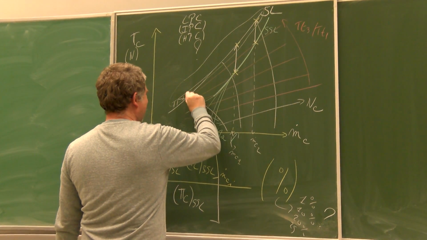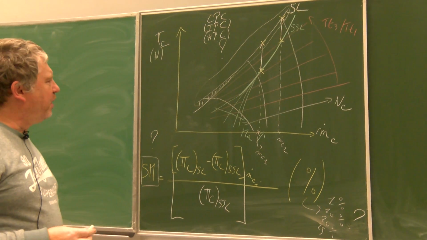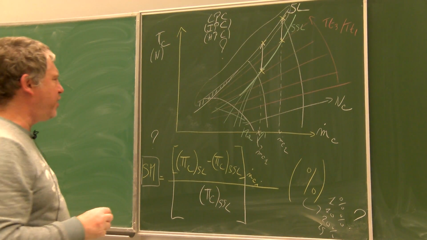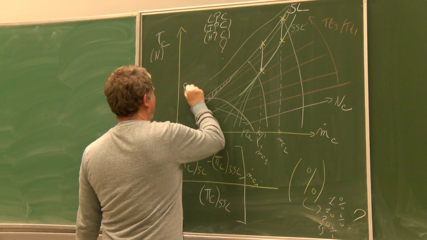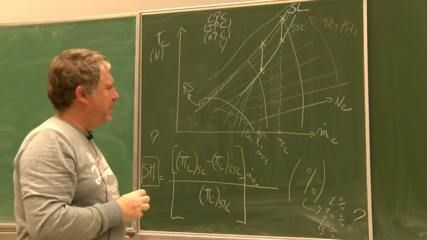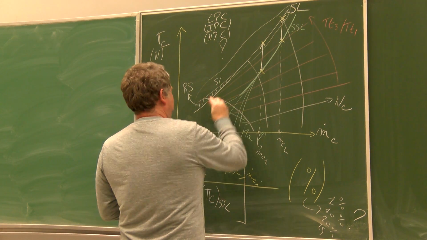And then they extended the zone of the surge by a zone that is called a rotating stall region. And the surge line is now this one.